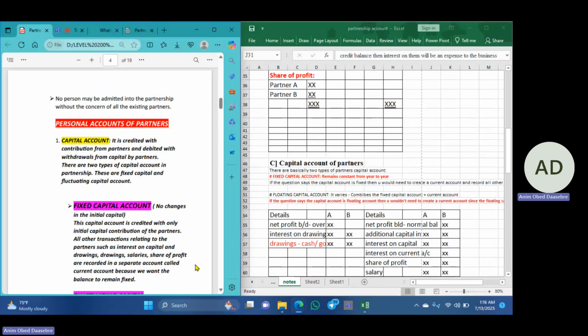So please let's listen well so that we will get the concept for the capital accounts of the partners. Now, if the question says that the capital accounts of the partners are fixed capital, then what it literally means is that you would need to create a current account and record all other items that affect the partners' account, because this capital, we are not going to touch it.